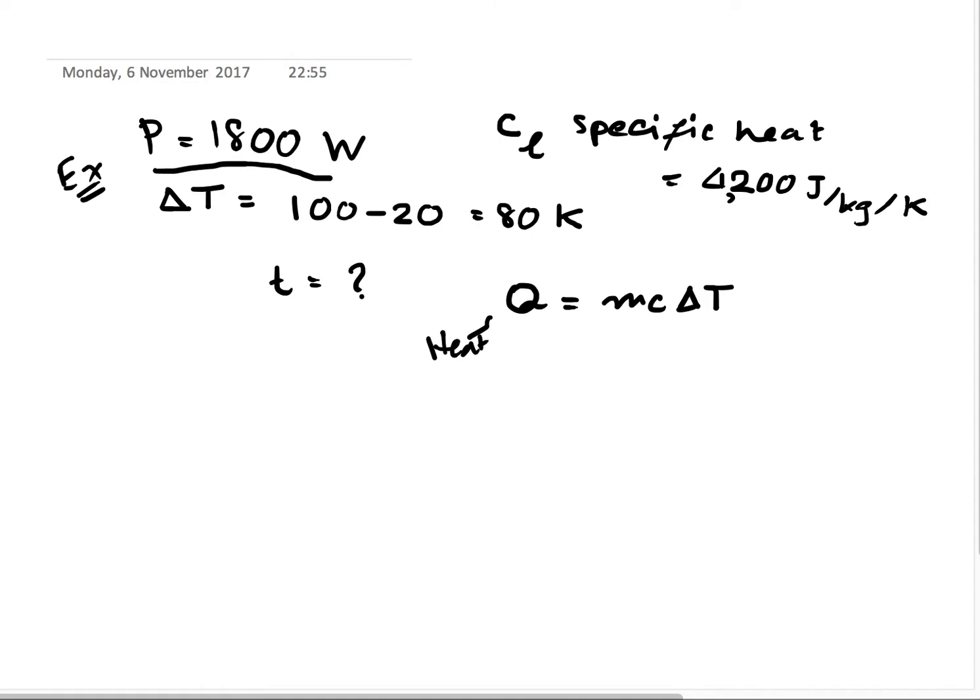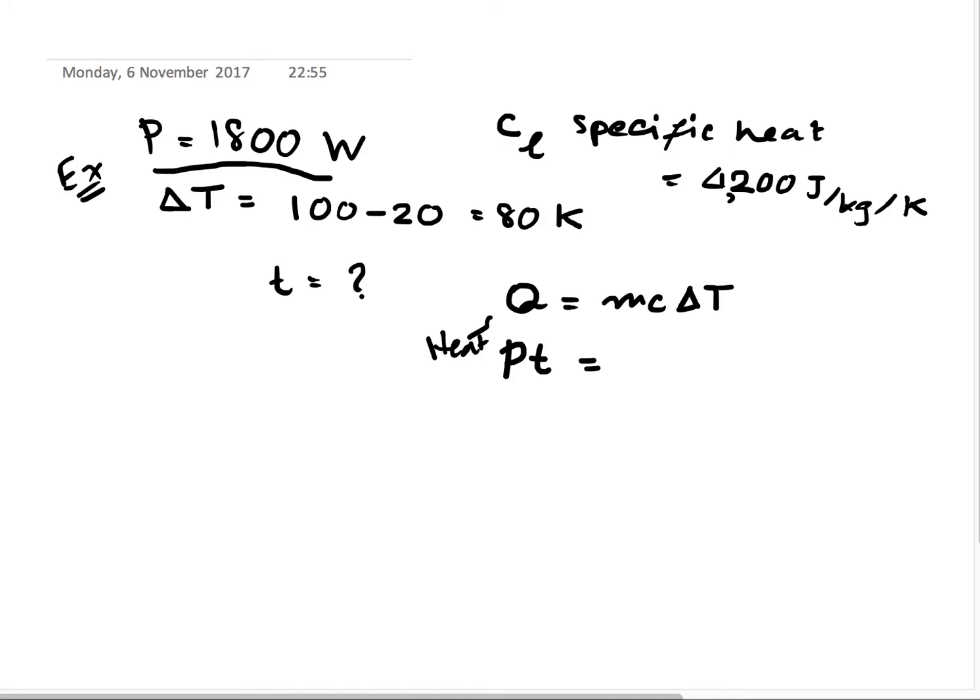If the heat is transferred at a constant rate, or constant power, we can simply write the total heat as the power times the time, and that equals m.